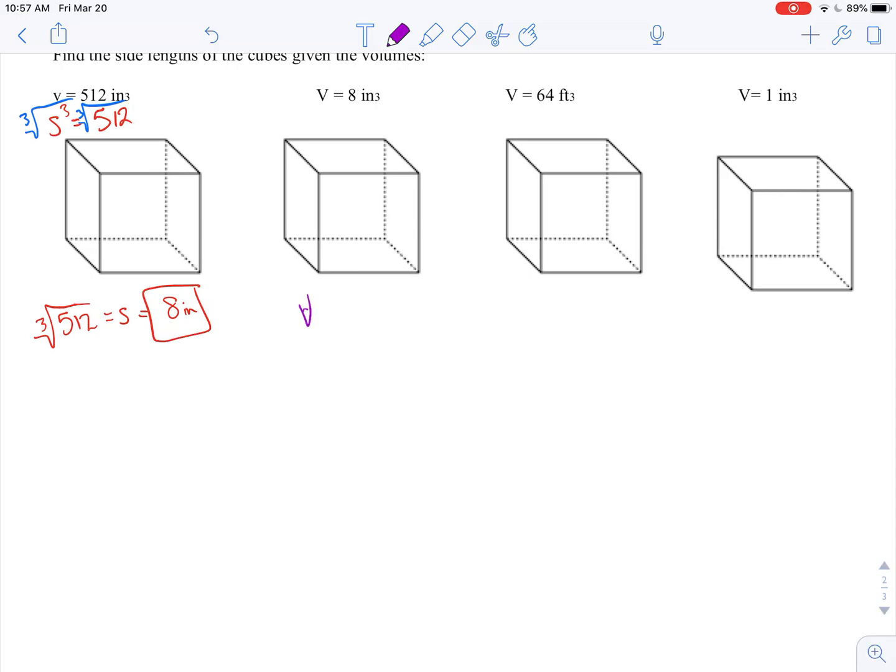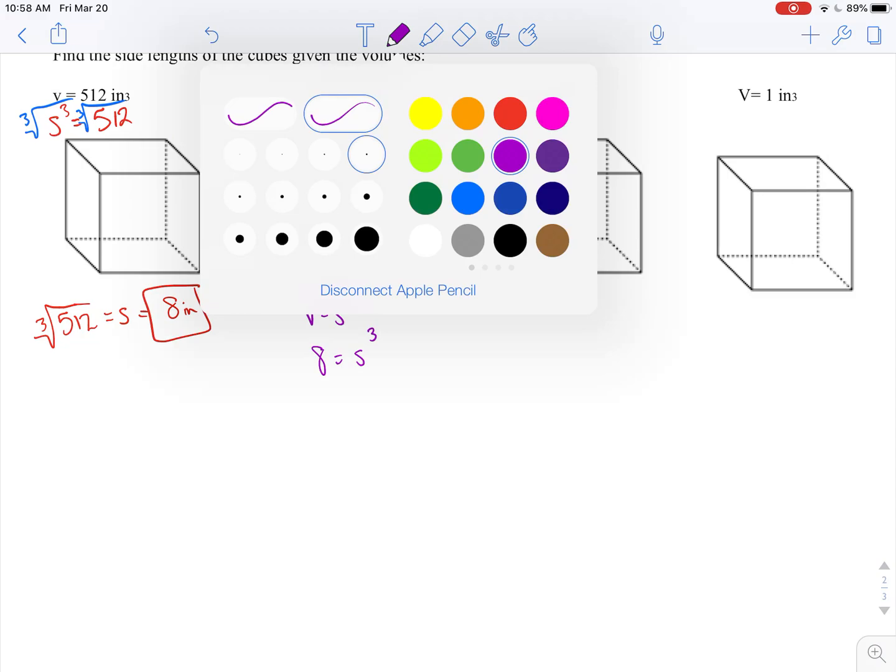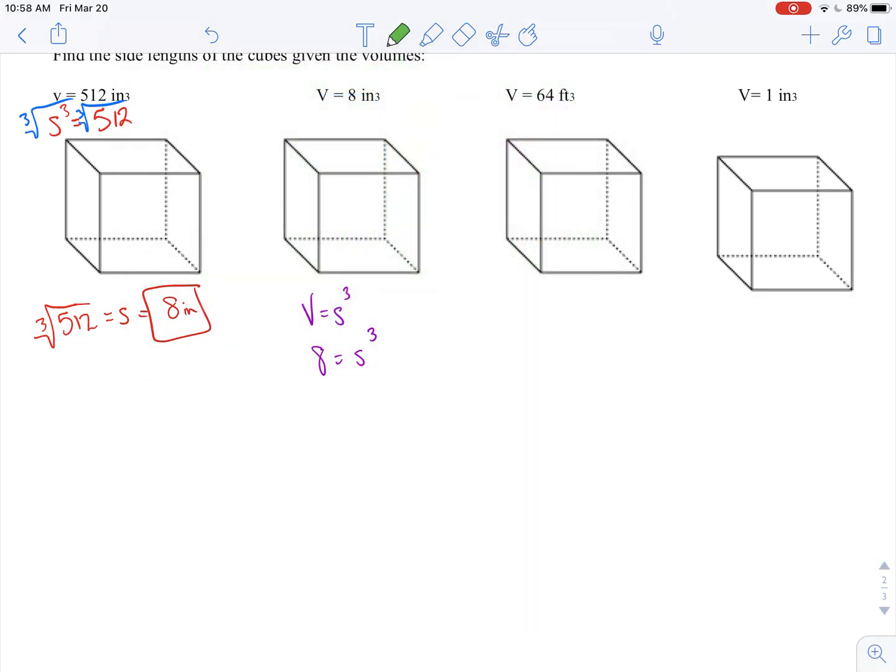All right, and again here, we're looking at my volume is 8 cubic inches. So volume equals the side length cubed. Now, I know what the volume is, but I want to solve for the side length. I've got to get rid of that exponent. What's the opposite of cubing a number? Well, the opposite of cubing is cube rooting.